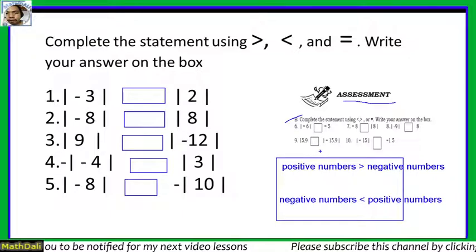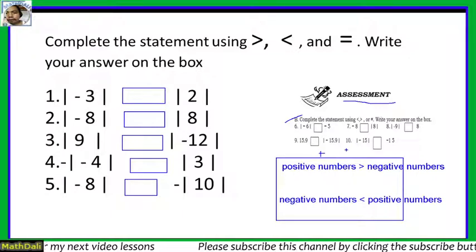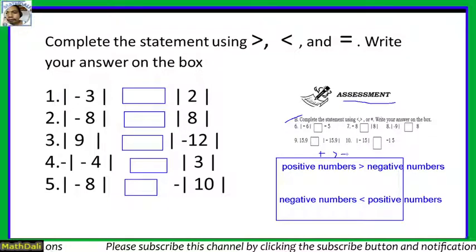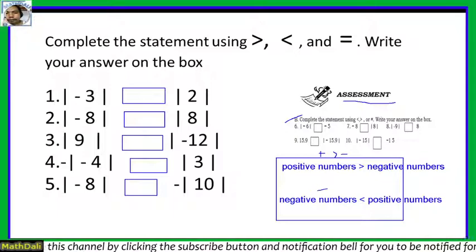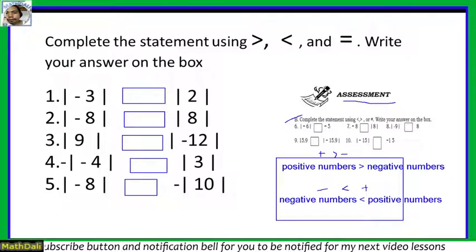So, pag positive yung nasa kaliwa, that will be greater than the negative yung nasa kanan. Negative number, and that is less than the positive number.